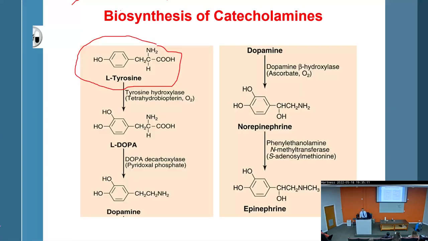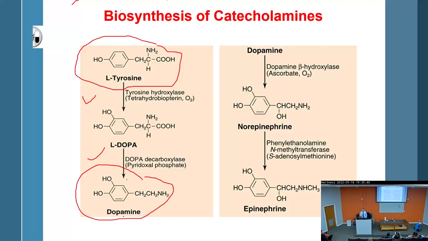So we start with tyrosine, and then after a couple of steps, we have this one. This is a catecholamine. It's called dopamine. You can see some of the steps there: decarboxylation, some hydroxylase activity, etc. They produce dopamine.